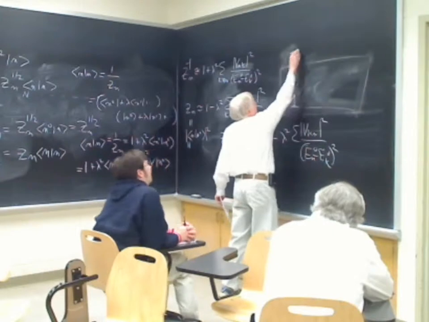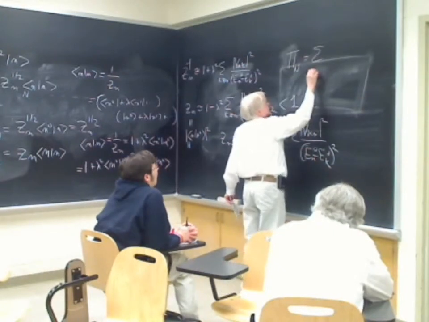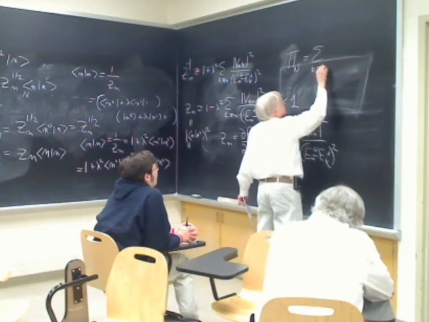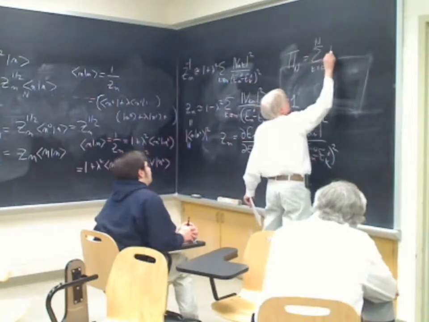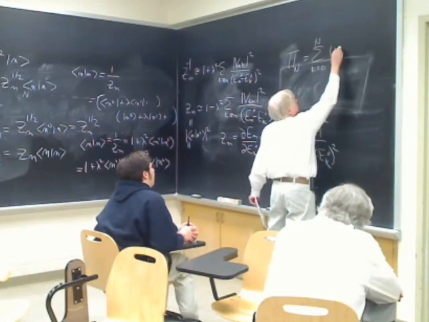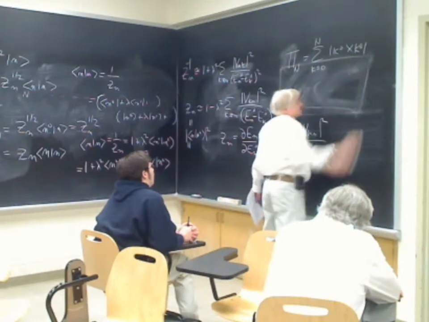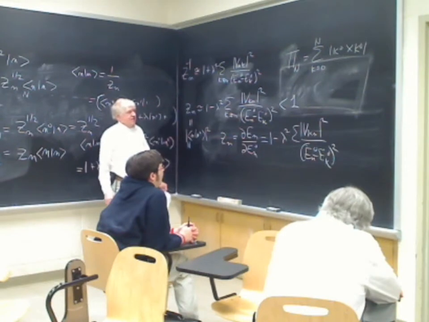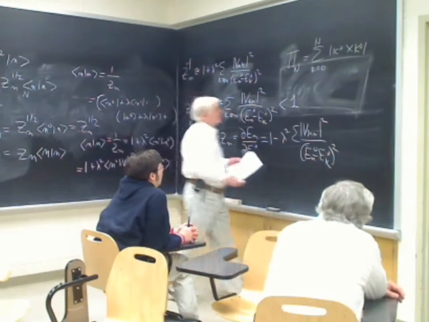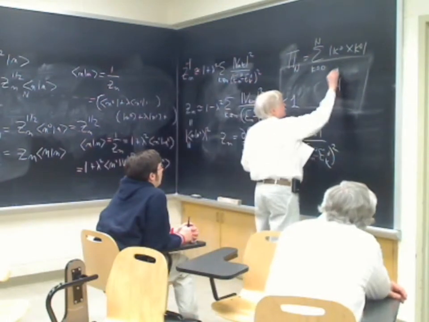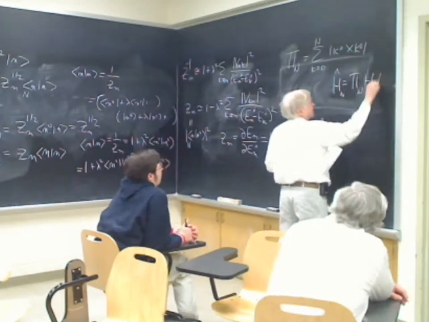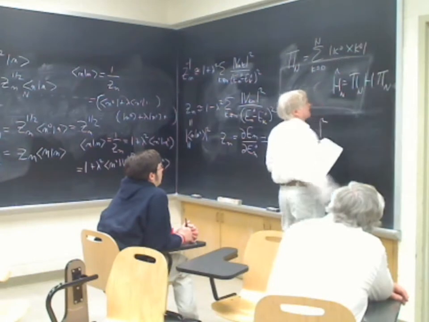So we have pi sub n is going to be the sum k equals 0 to capital N of |k0><k0|. So we're just going from the ground state up. This is a projection operator on part of the Hilbert space. And we can then say H hat sub n is pi sub n H pi sub n.